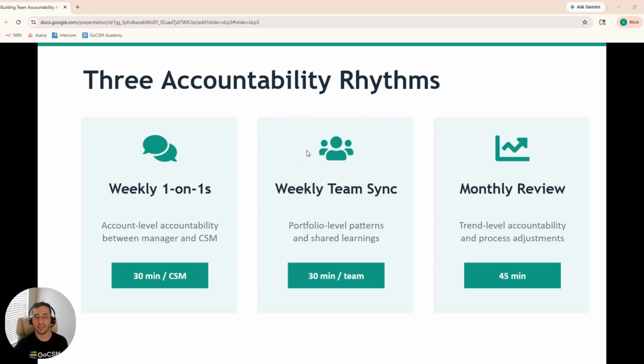And a monthly review where you zoom out to find patterns and trends and look at adjustments, about 45 minutes to an hour. Each of these rhythms pulls from different parts of GoCSM, and each one creates a different type of accountability. So let me walk you through all 3.